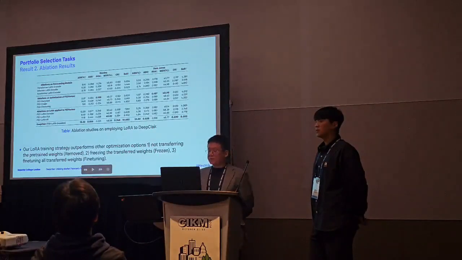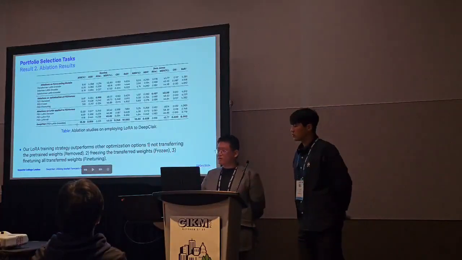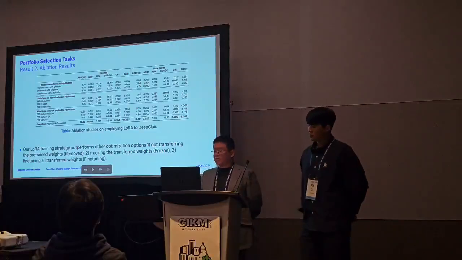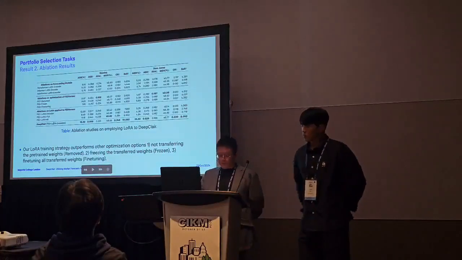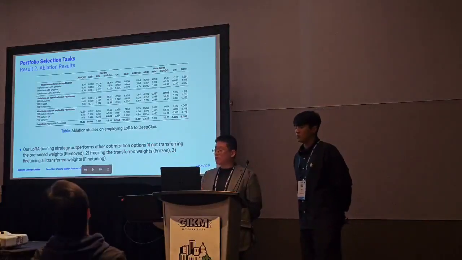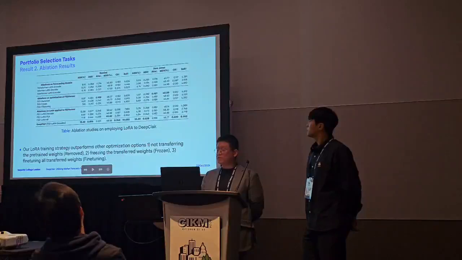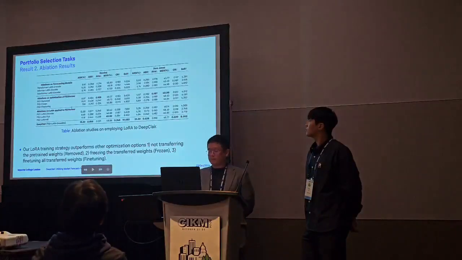Another case is fine-tuning all transferred weights, annotated as fine-tuning. I think this is quite interesting for us as well, because the LoRA framework utilizes smaller weights compared to fine-tuning, but our results show better results compared to the fine-tuning strategy.